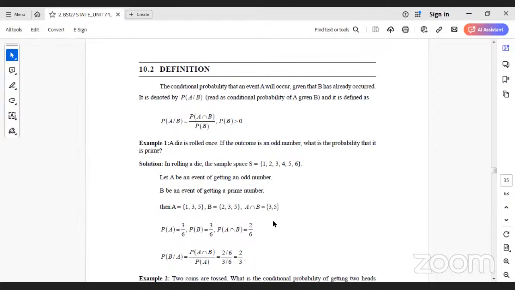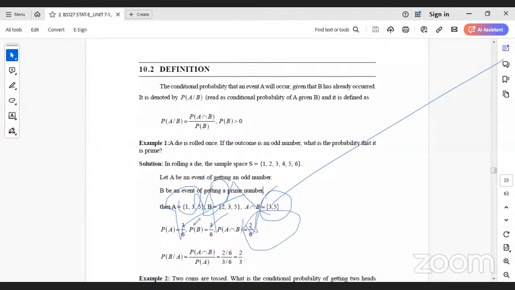A is {1, 3, 5} and B is {2, 3, 5}. The intersection is {3, 5}, the common numbers. So P(A) is 3/6, P(B) is 3/6, and P(A ∩ B) is 2/6. Therefore P(B|A) = P(A ∩ B) / P(A) = (2/6) / (3/6), the 6s cancel, and it is equal to 2/3.